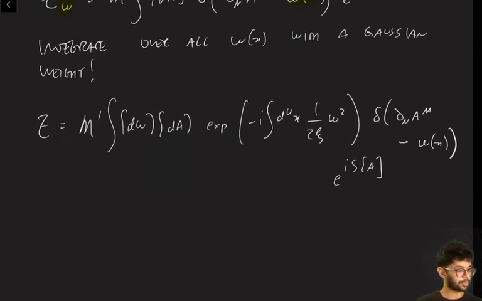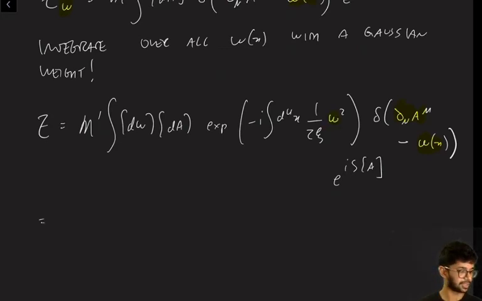Now, the point of me doing this kind of weird thing where I integrated over all omega with a Gaussian weight was really to make it possible to solve the delta function constraint in a simple way. Notice that this delta function constraint says that omega is equal to d mu A mu. So if I integrate over all omega, I can solve the constraint and just replace this omega here with d mu A mu.